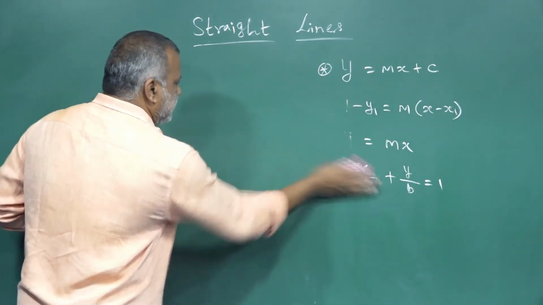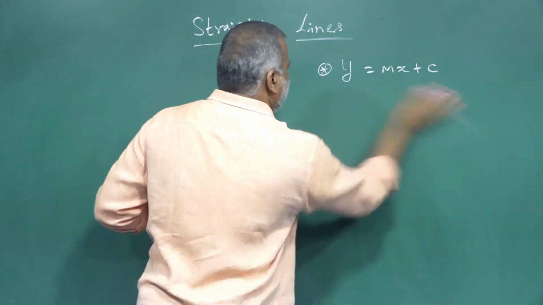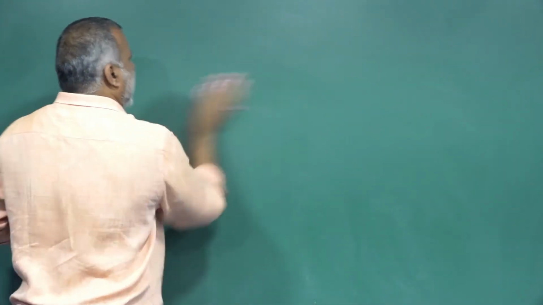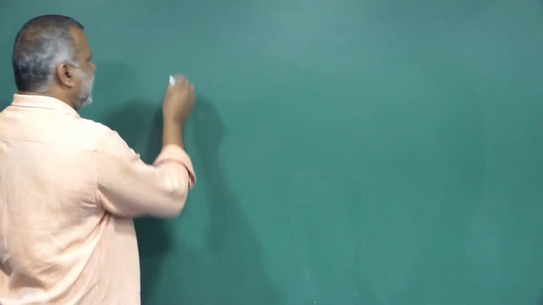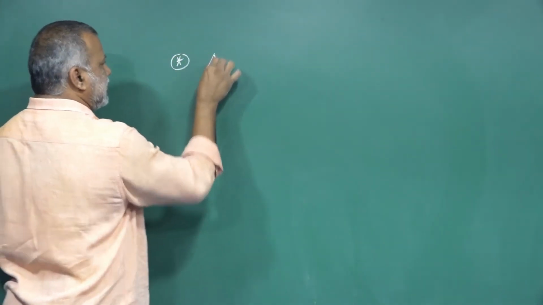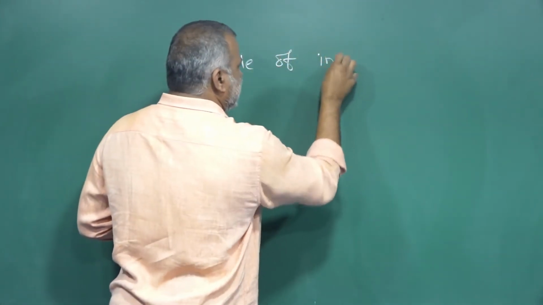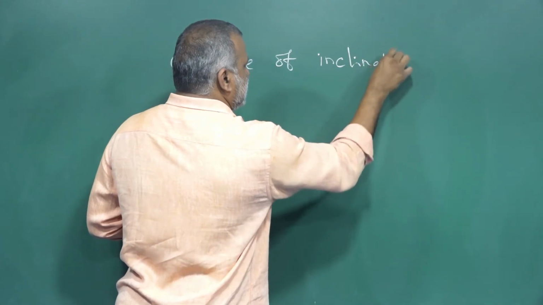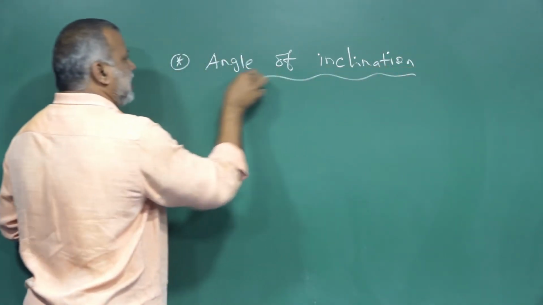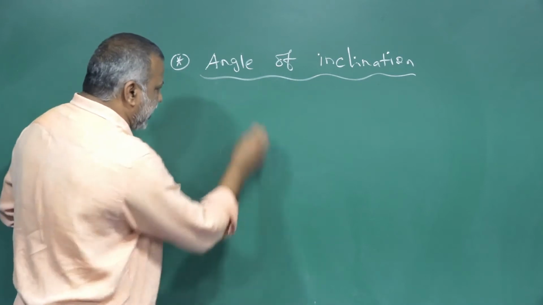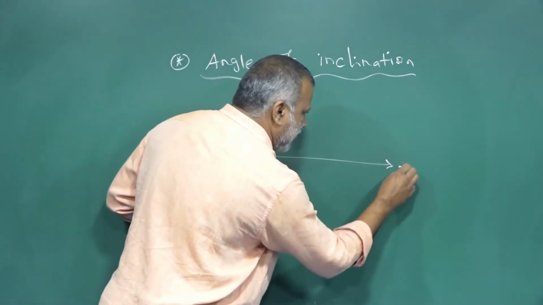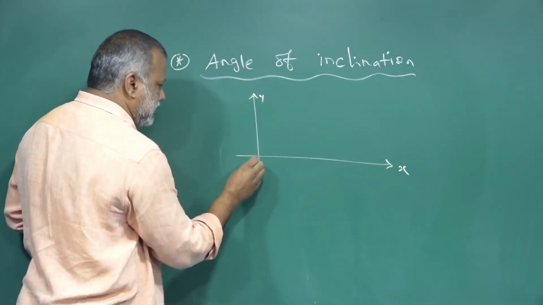Now listen, one of the key words we are going to discuss today is angle of inclination. This is the first technical word. What is the meaning of angle of inclination? Consider the x-axis, y-axis and origin.